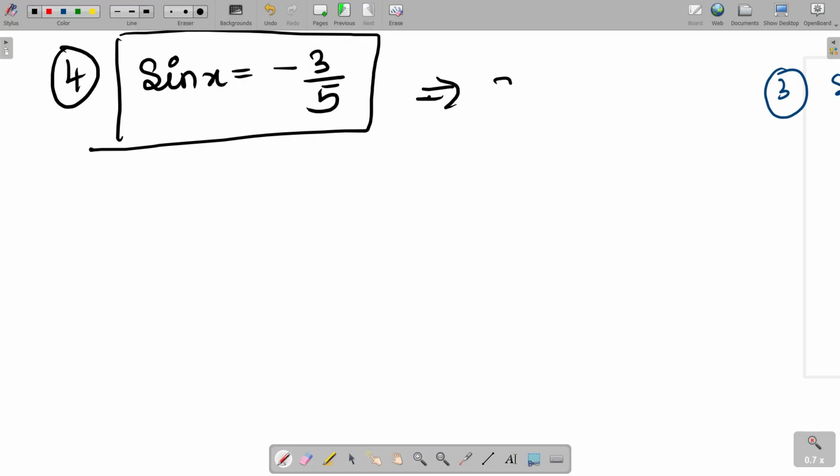There should be two values of x. Okay, and do remember that if sine of x is a negative value, understand that this x does not lie in the first and the second quadrant. It will lie in the third and the fourth quadrant. So make sure that you find the values which are in the third and the fourth quadrant.